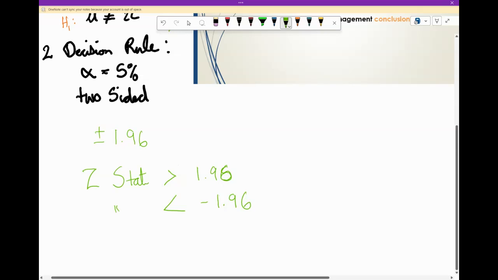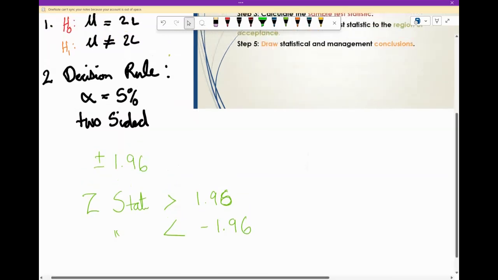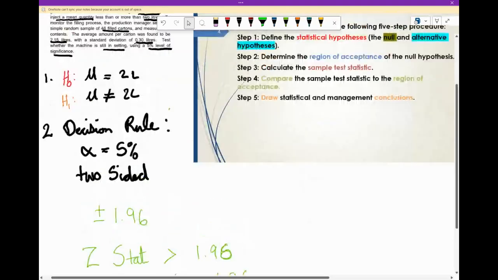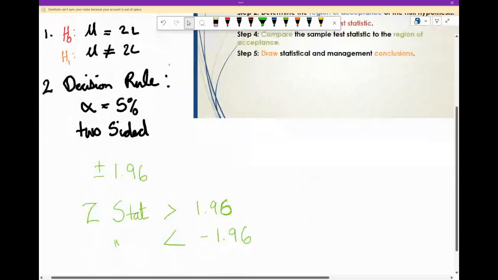Then what are we going to do? Then we're going to reject. Okay? Because then we're going to reject the null hypothesis.